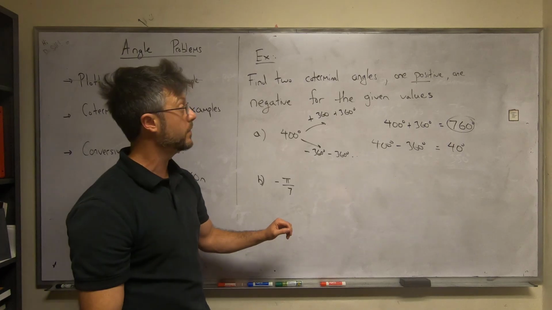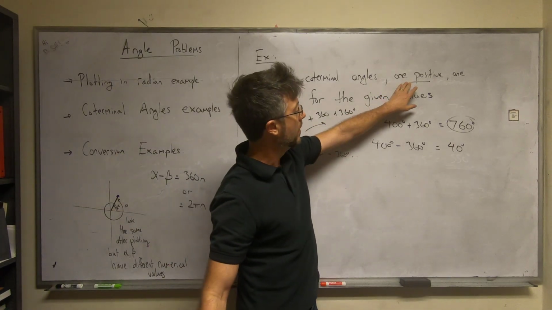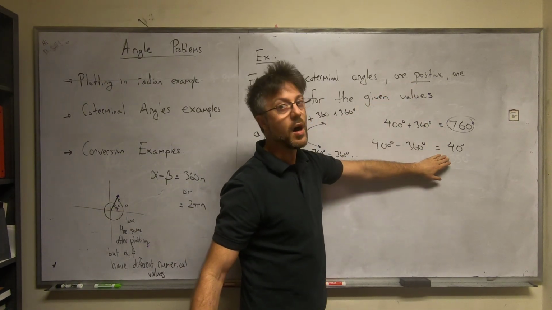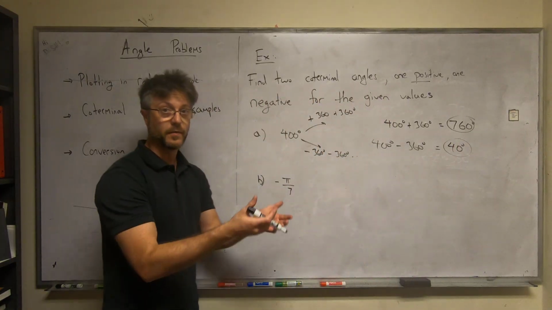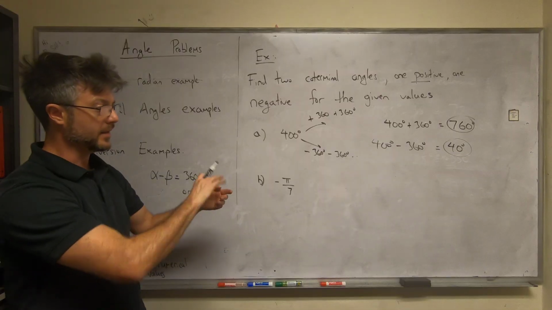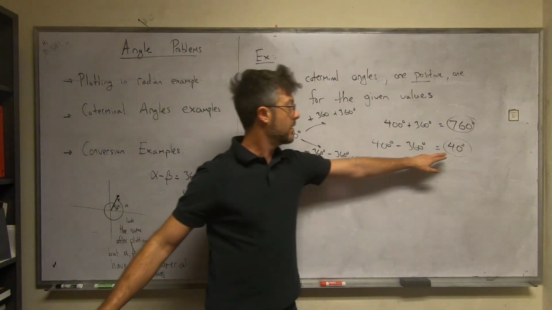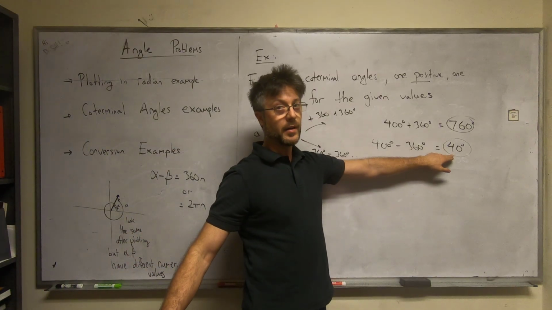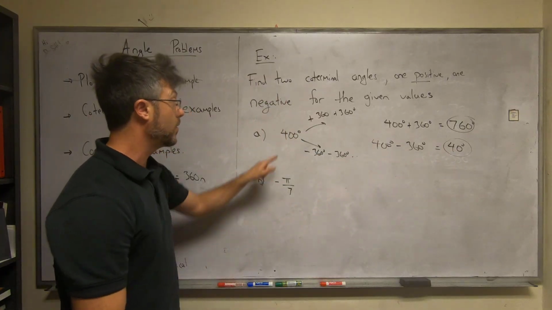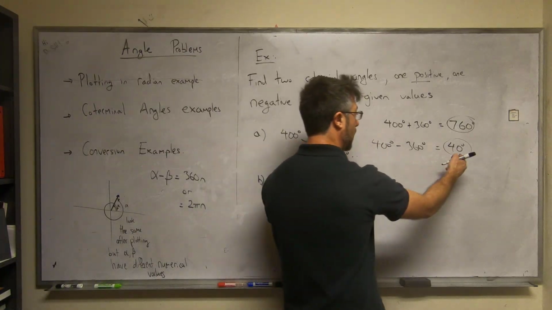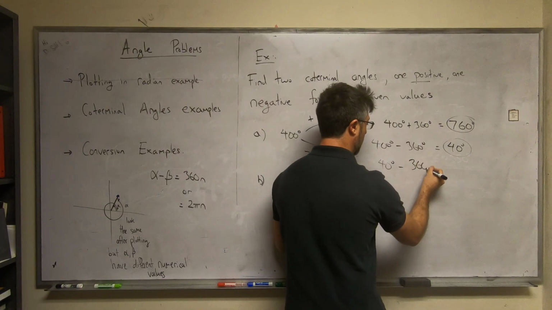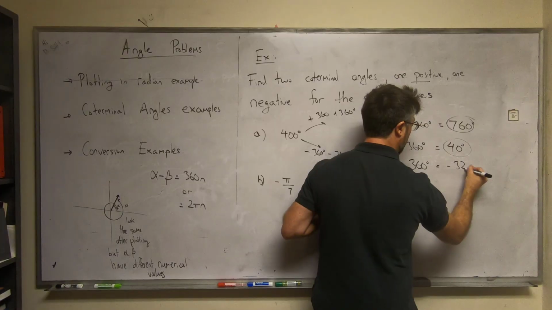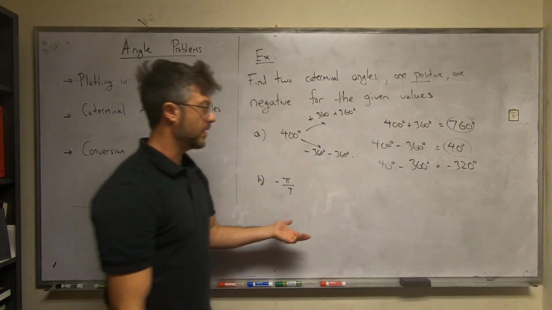It's positive. And as I said at the start, the values that you give are not unique. This also would work as a positive coterminal angle because it is a backwards rotation to a positive value that would look the same. But in order to produce the negative one, we would have to take this value and crank backwards one more time to come up with negative 320.